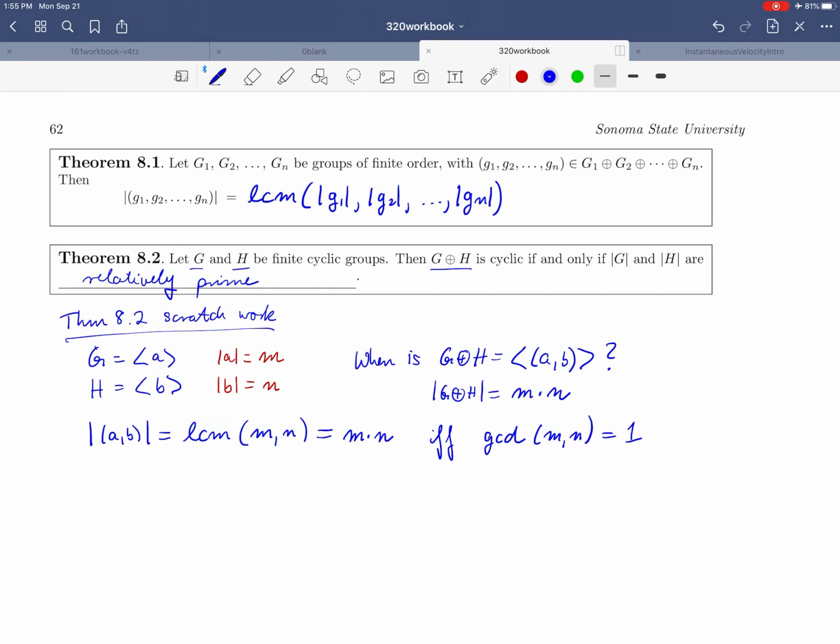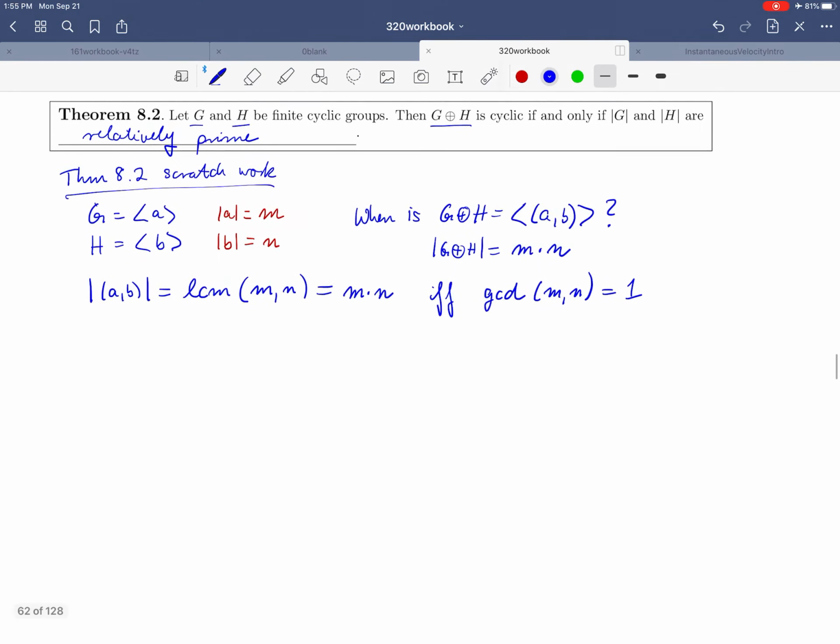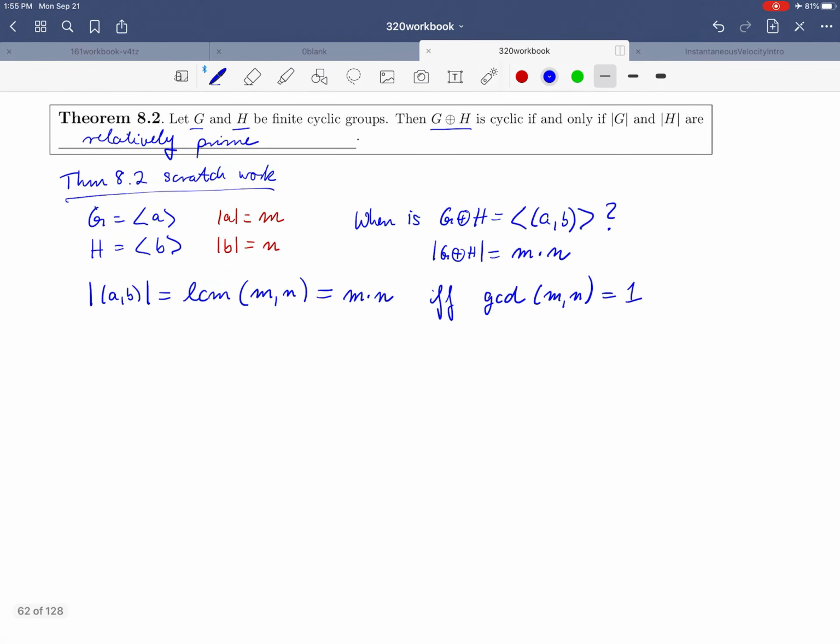So let's write it down. And since it's an if and only if, we have two directions here. So here goes the proof.